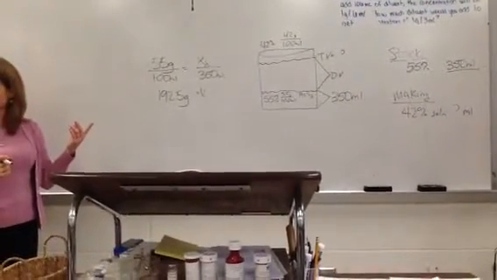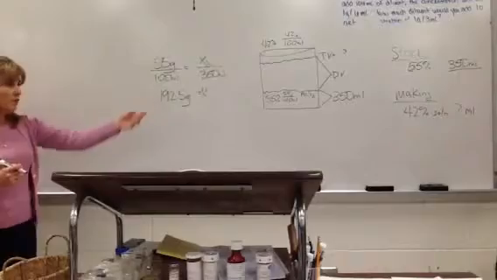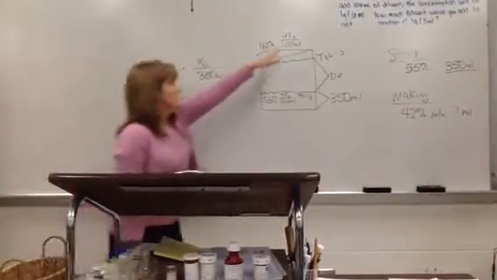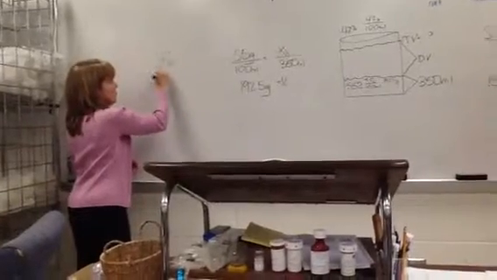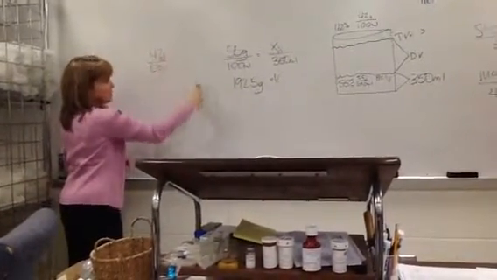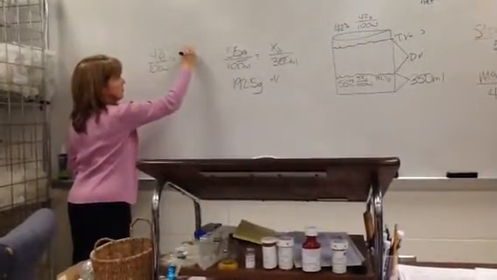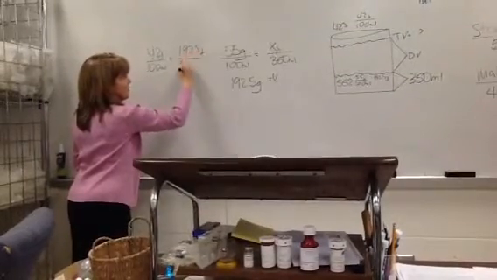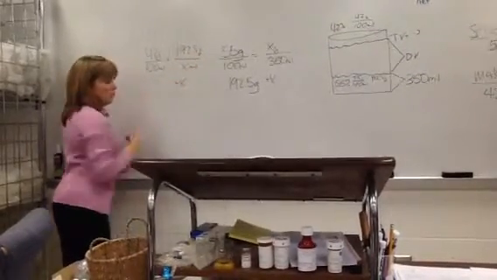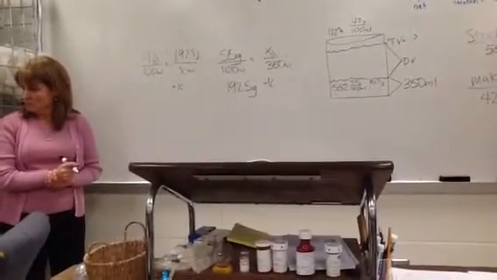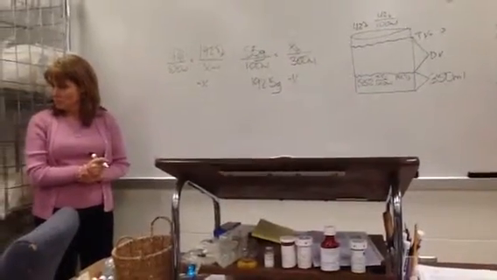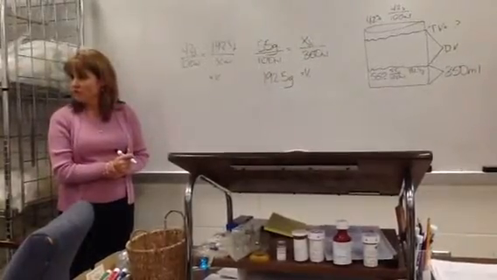You set your amount of drug equal to the other concentration. So I take 42 grams over 100 mLs, and I set it equal to this amount of drug, 192.5 grams, over X mLs. And what do I come up with?